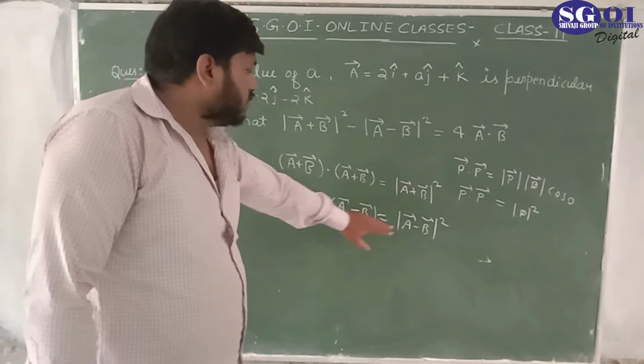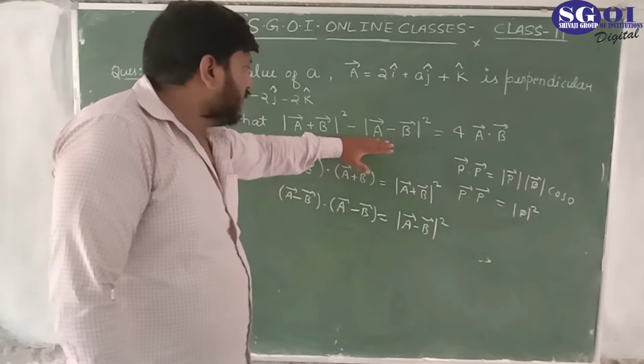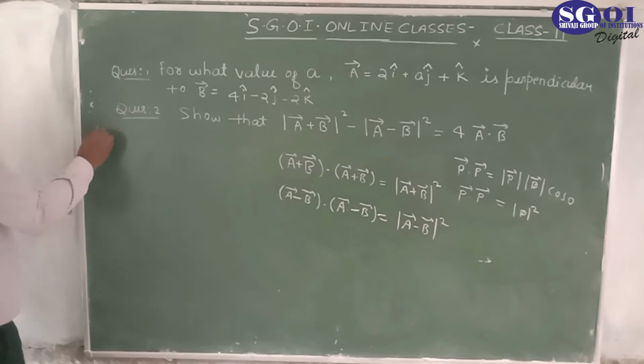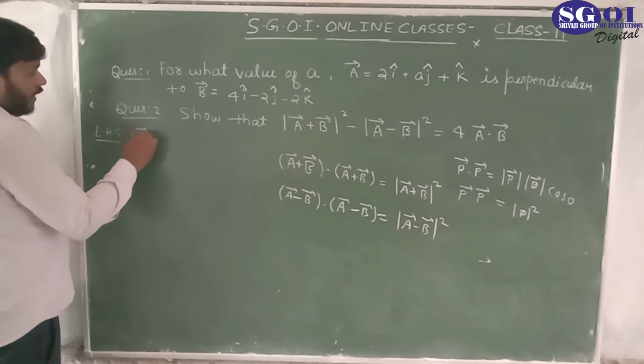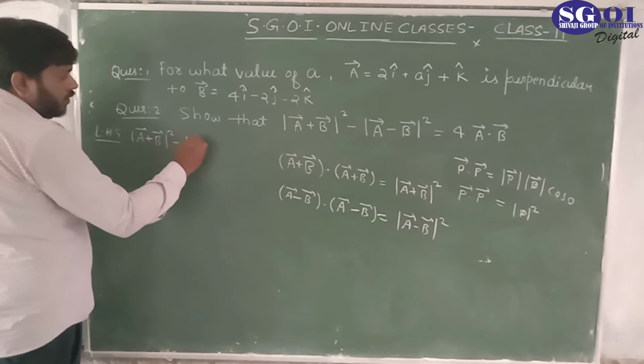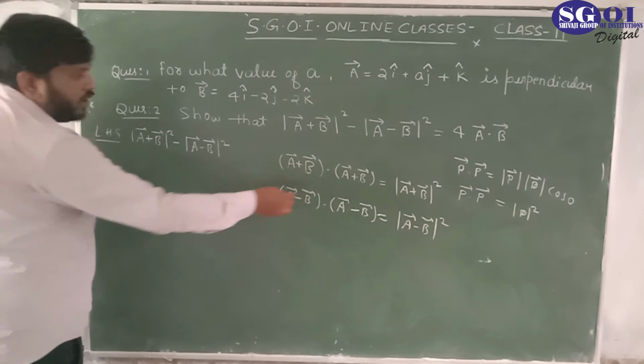Just put these values of mod a plus b whole square and mod a minus b whole square in this equation, in the LHS part. So we are going to take the LHS, which is mod a plus b whole square minus mod a minus b whole square. So what is mod a plus b whole square?